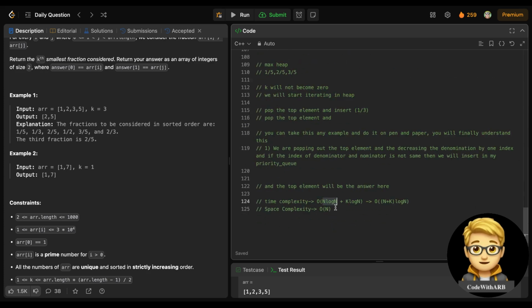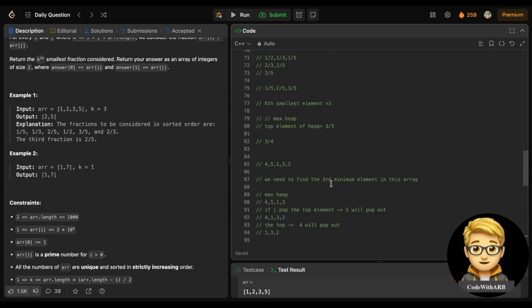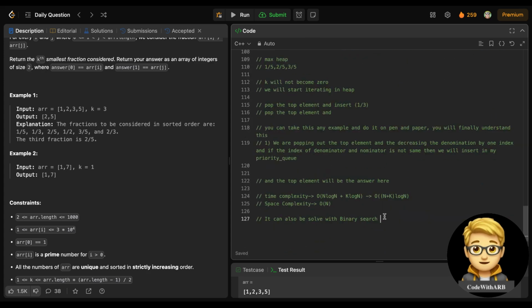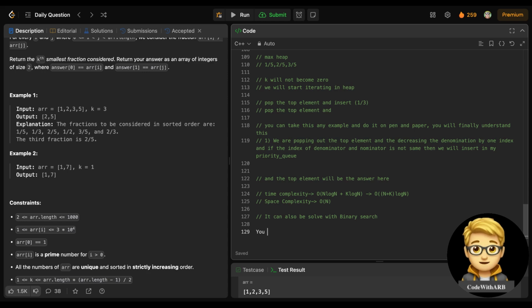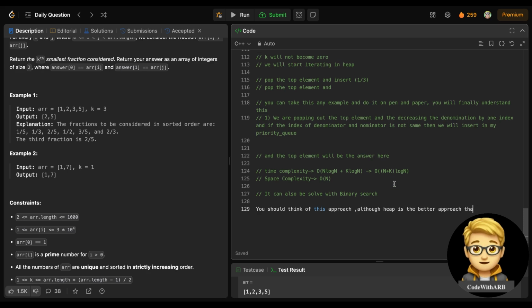I'm sure it can also be solved with binary search, but the video is already very long, so I think you should think of this approach for binary search. Although heap is the optimal approach, heap is a better approach than binary search.